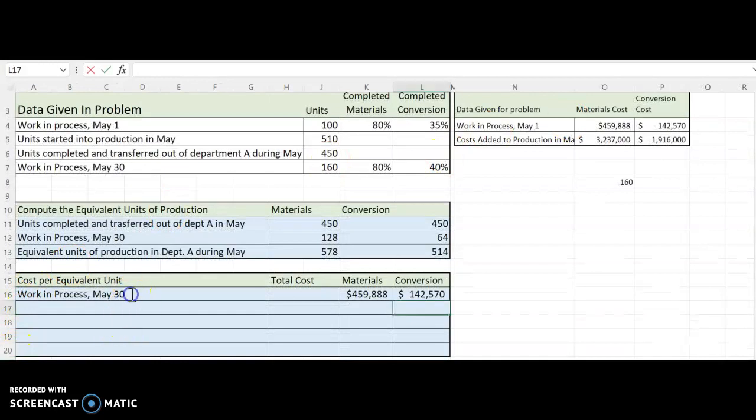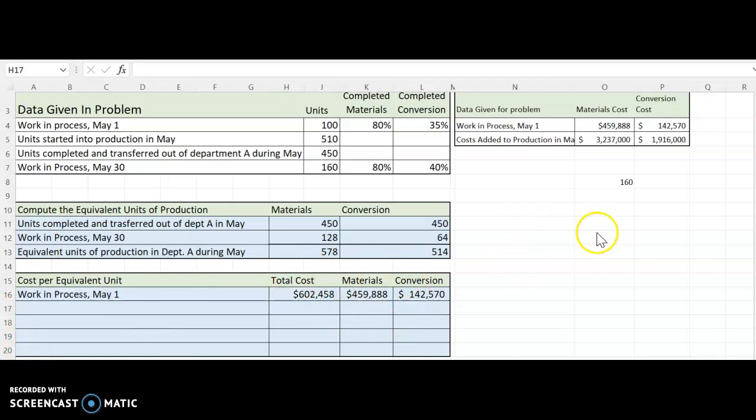I meant to put the work in process for the previous month. So this is what we started off with in work in process. And the total cost is just going to be the sum of those two numbers. That's for the prior.